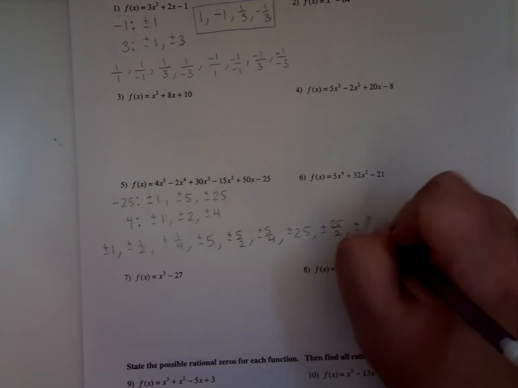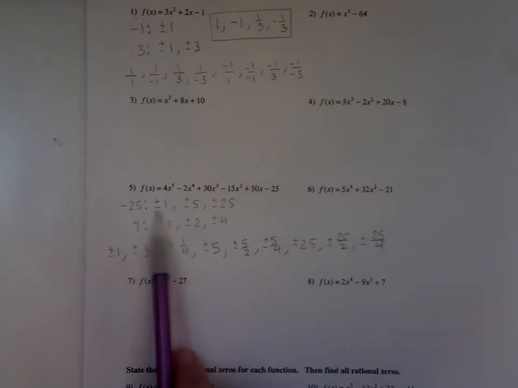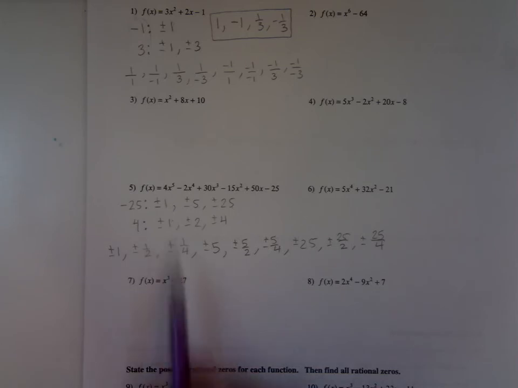So that's every single possible combination of numbers from here being the numerator and numbers from here being the denominator. And those are all of the possible rational roots. Again, it's only got 5 roots total, so we know one of them has to be a real root, and possibly it is a rational root. And if it is a rational root, these are the only things that it could be.